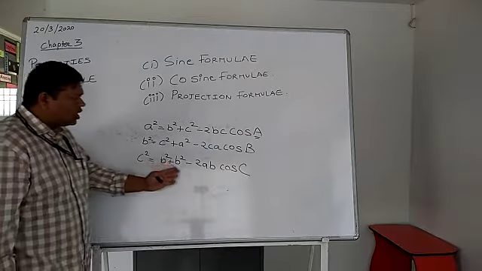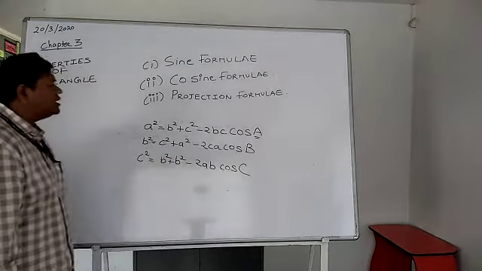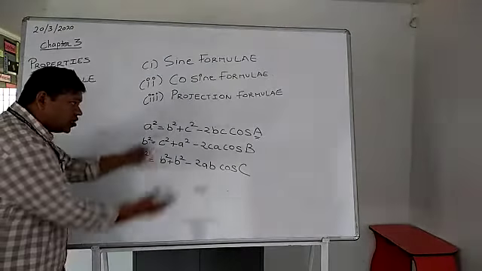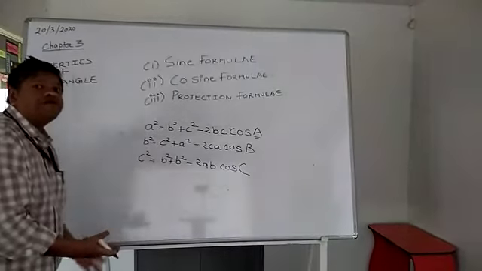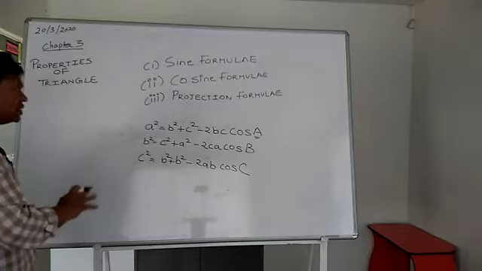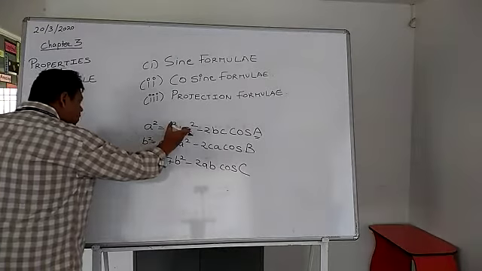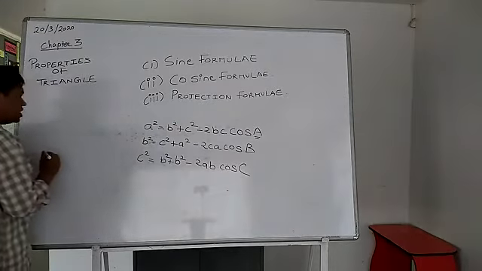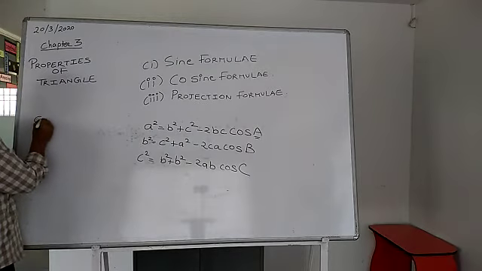Because it has only the cos term related to it, it is known as the cosine formula. The cosine formula can be further deciphered into this form. Either you can use this form or it can be changed into a form like this.